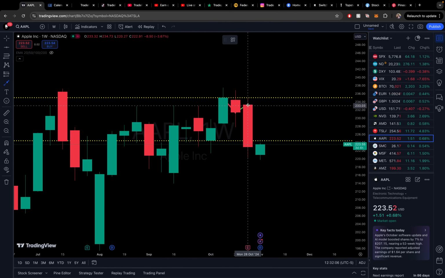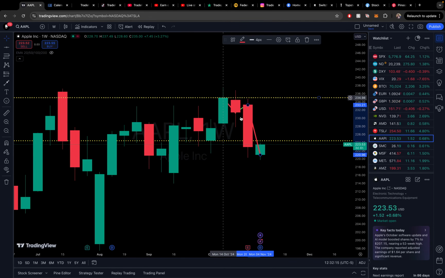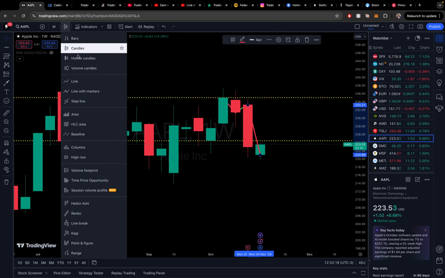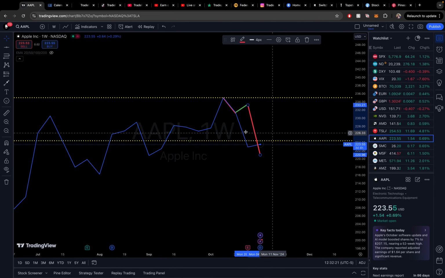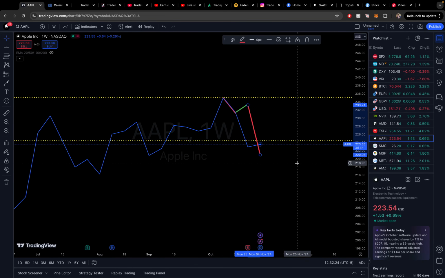And then I have this all the way down to the open here. Right, and we've had a little correction right here as well. So a lower low, a lower high, and a lower low. And if we drop to a line view, you'll be able to see what I mean there. A lower low, a lower high, and a lower low. Those are the segments I have.